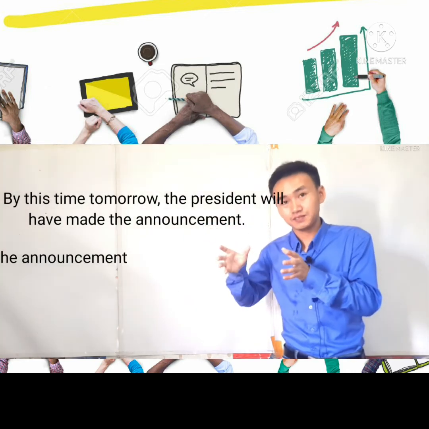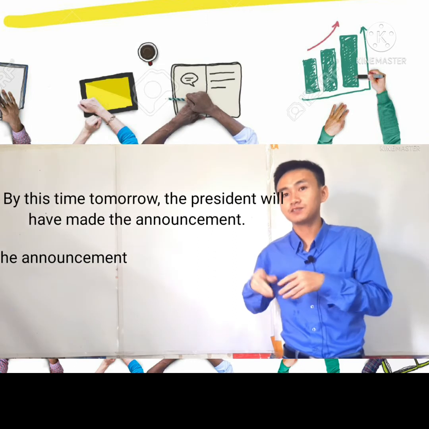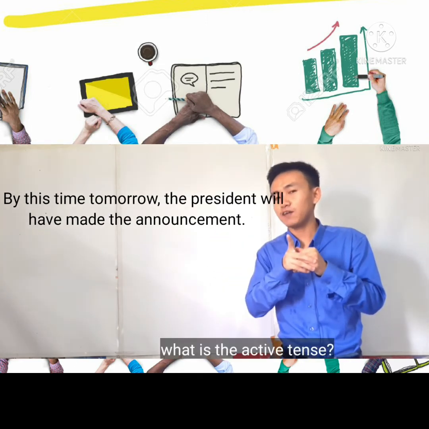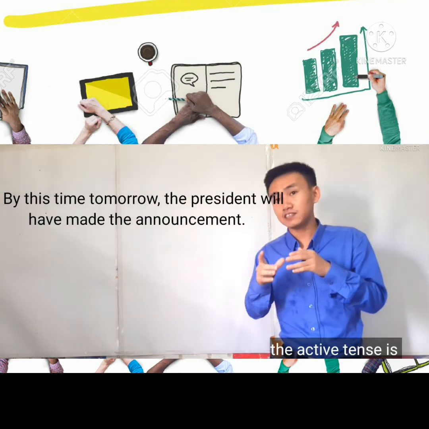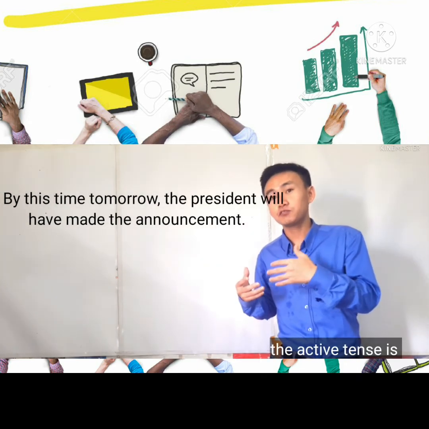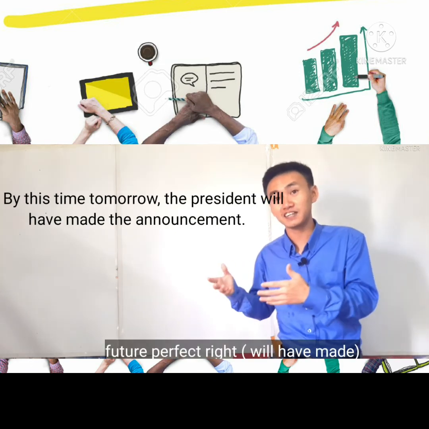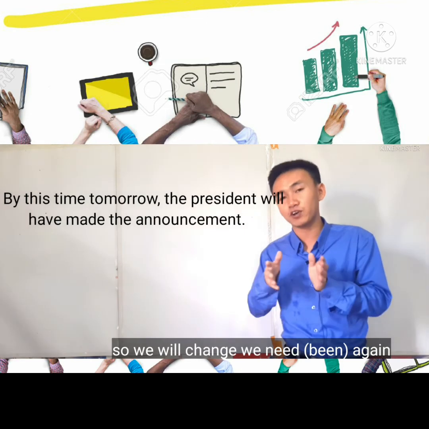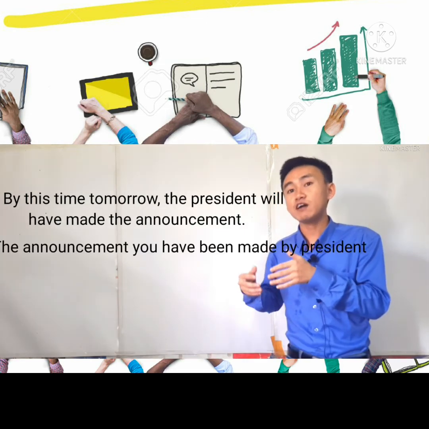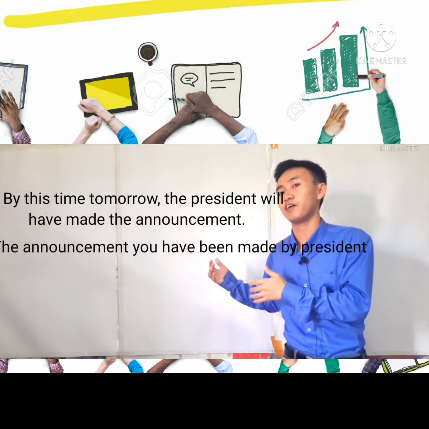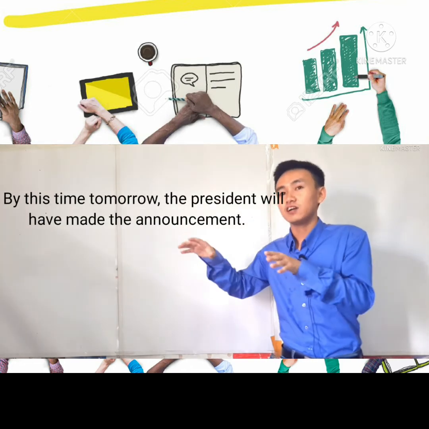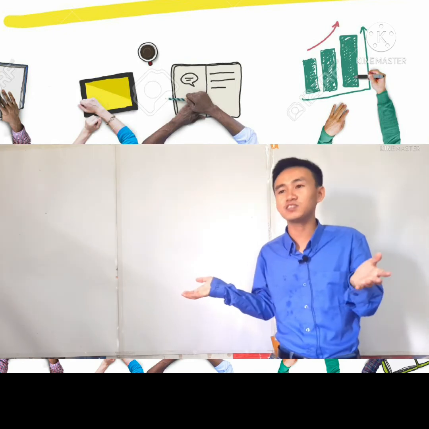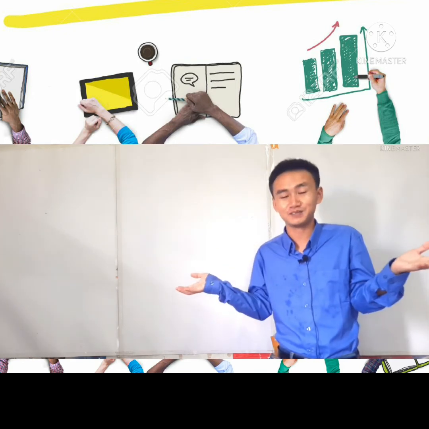It's the object, right? And will have, in this one, what is the active tense? The active tense is future perfect, right? Will have made, right? So when we change, we need been again after the word have. The announcement will have been made by the president, and you can add by this time tomorrow at the end. That's okay. Or if you don't add it, both of them are okay.